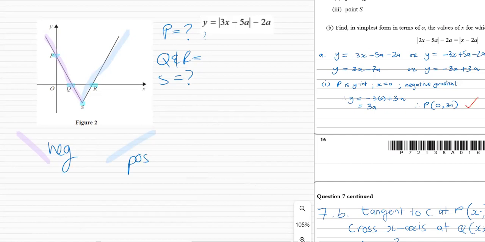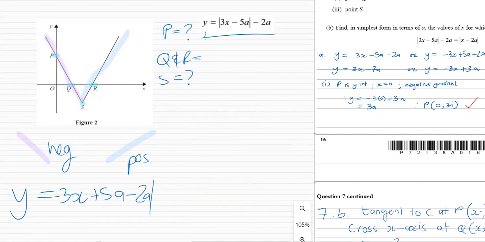But what I really want to do first is work out those two equations. I'm going to split my page like this. Say y equals -3x plus 5a minus 2a.